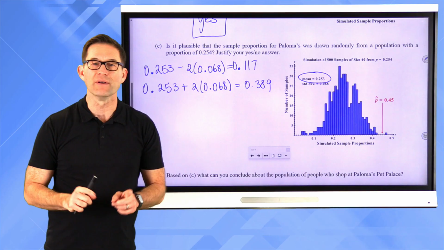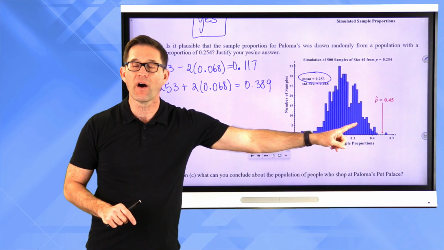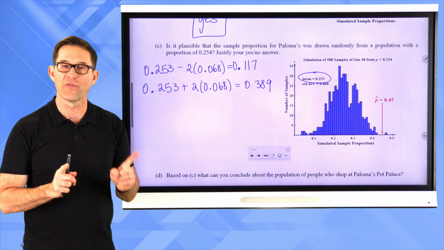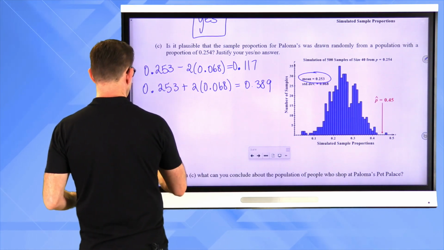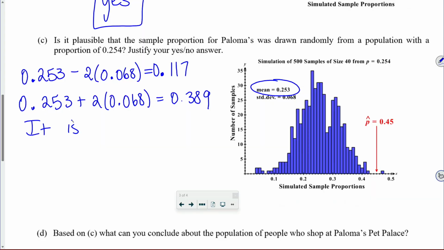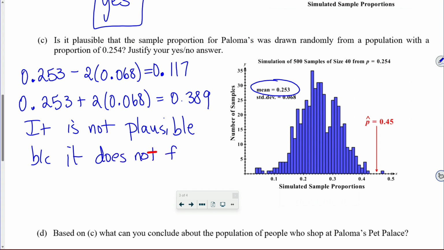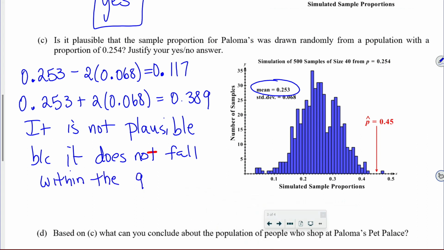And notice that 0.45 does not fall within that interval. So, is it plausible? The answer is it is not plausible because it does not fall within the 95% interval.